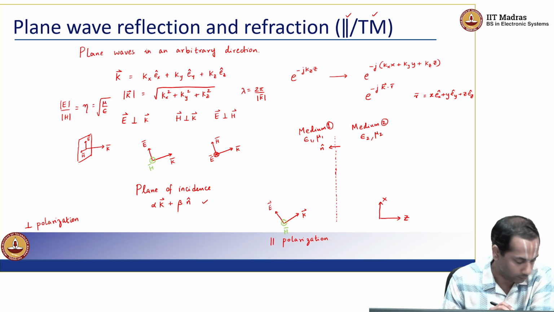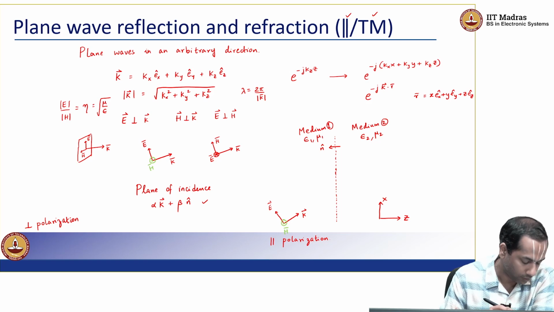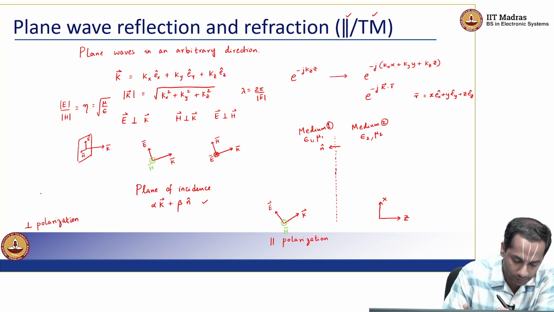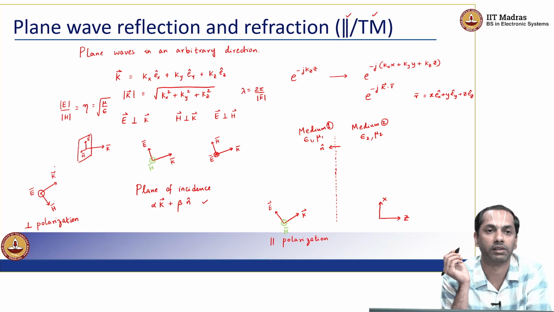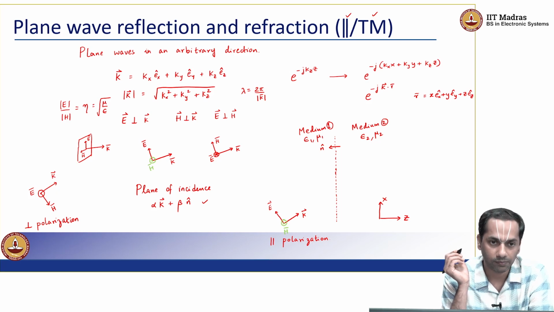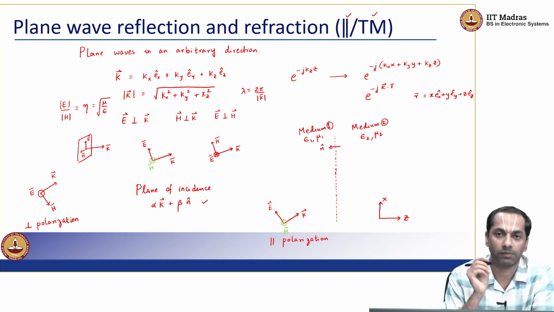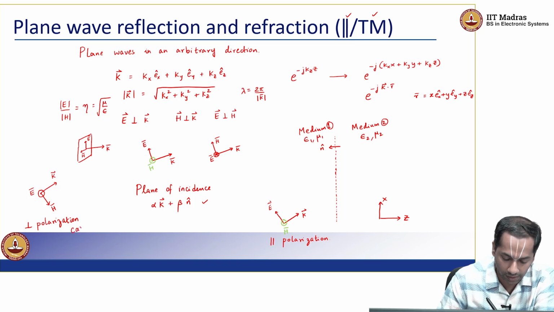In which case the electric field is perpendicular to the plane of incidence, and the magnetic field is parallel to the plane of incidence. We will come to this in our second case.